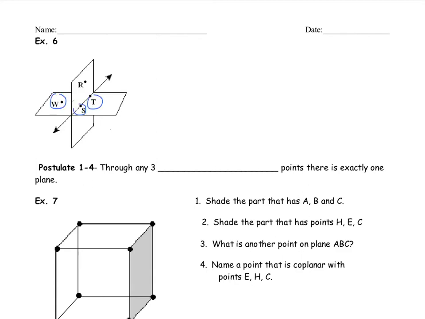If you write these out, this won't always work because they might name them differently if there's a fourth point, but a lot of times it will. In plane RST, these guys intersect in this line right here. This is the line in which they intersect, line ST.